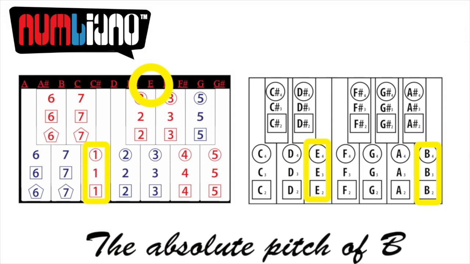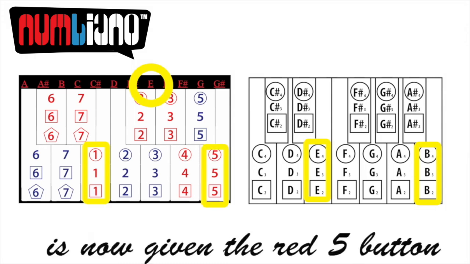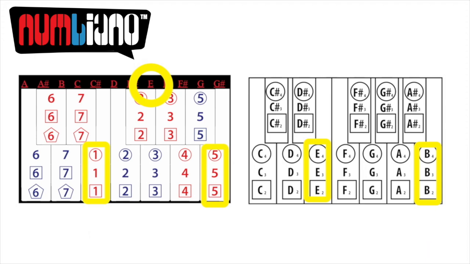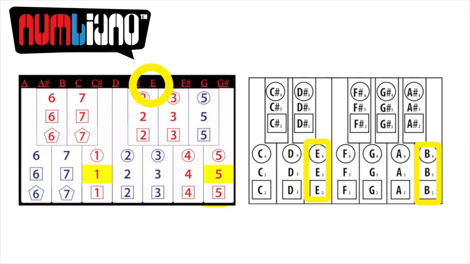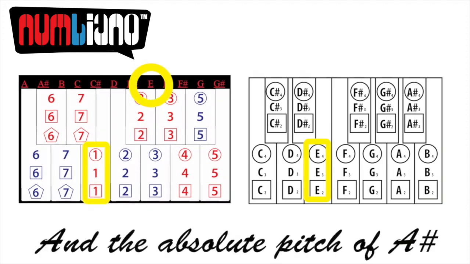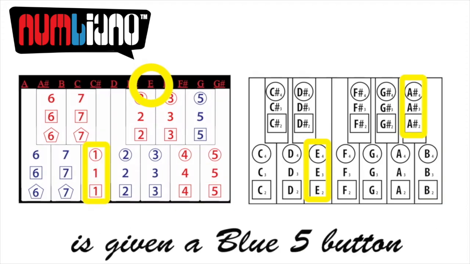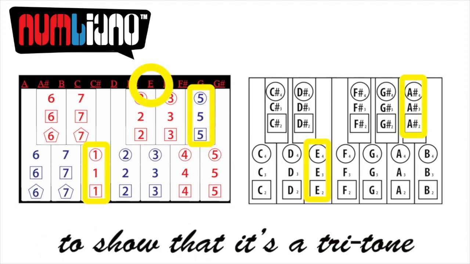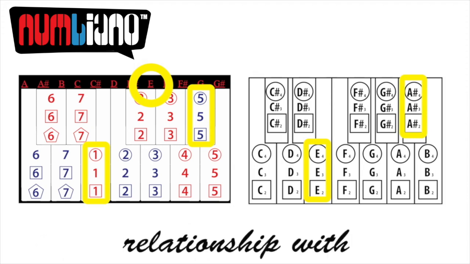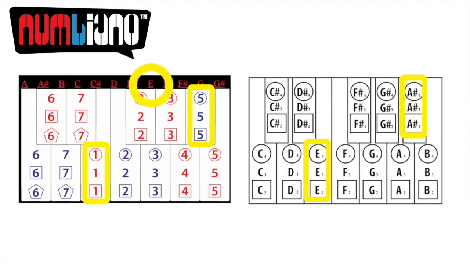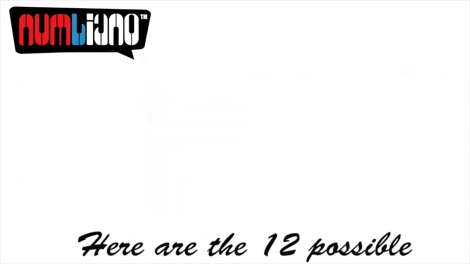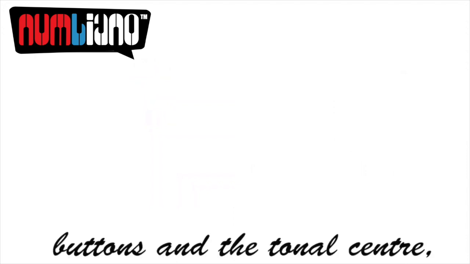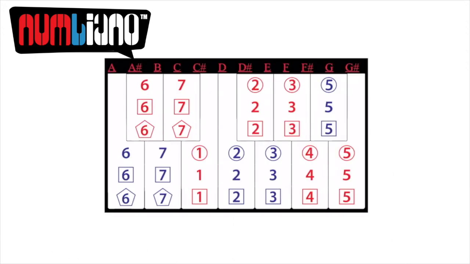The absolute pitch of B is now given the red 5 button to show that it has a perfect 5th relationship with the new tonal centre. And the absolute pitch of A sharp is given a blue 5 button to show that it's a tritone relationship with the new tonal centre. Here are the 12 possible relationships between all of the buttons and the tonal centre red 1.